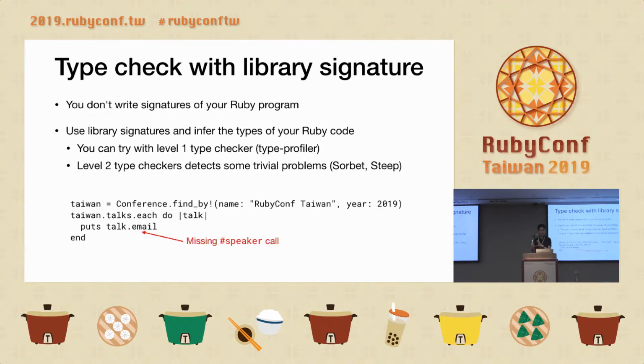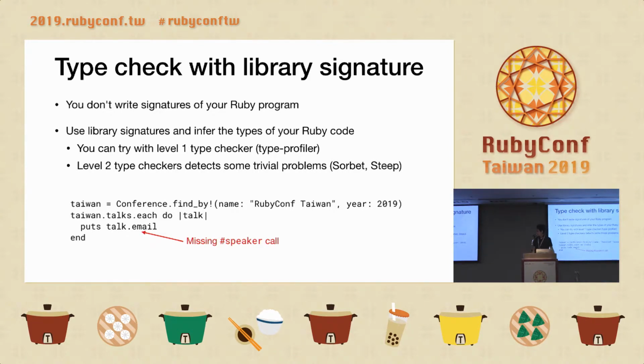It uses the library signatures and infers the types of your Ruby code. It might find some problems, and the level 1 type checker is for this approach. And maybe the level 2 type checkers can also detect some of the trivial problems.